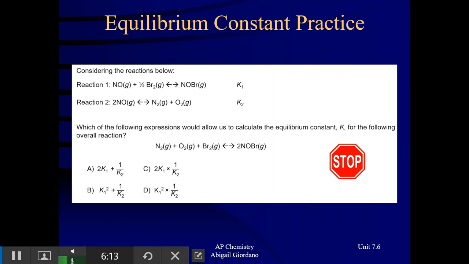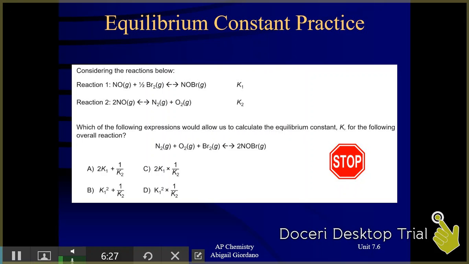All right, what I want you guys to do is pause your video and try this problem. All right, let's see how you did. Let's review the thought process in these Hess's Law problems, like we've done before. This is my overall reaction that I want my elementary steps to add up to. My way of doing these problems is I start with the first reactant, N2 gas. Here it is. Does it have the correct coefficient? Yes.